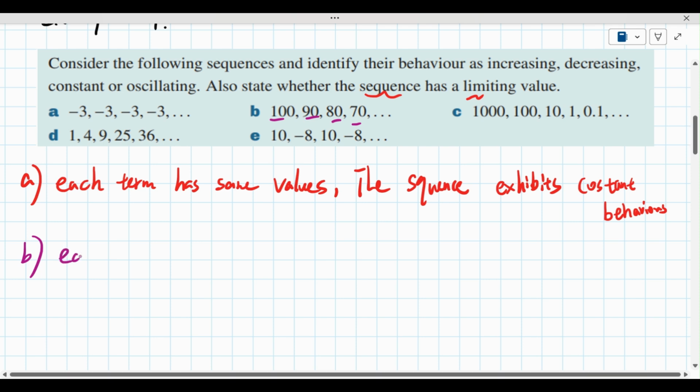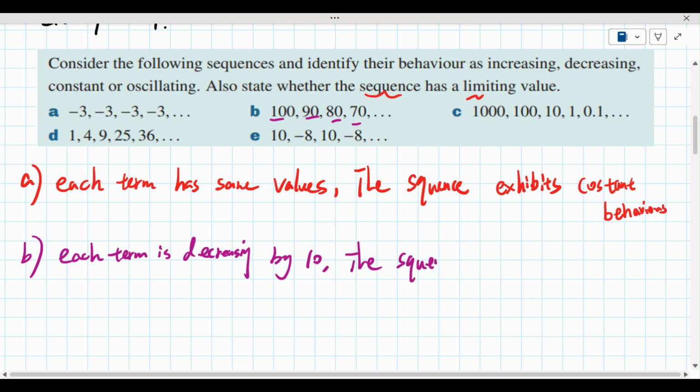Each term is decreasing by 10. So the sequence exhibits decreasing behavior.